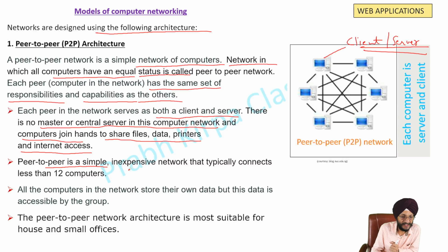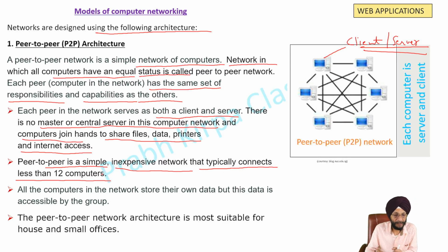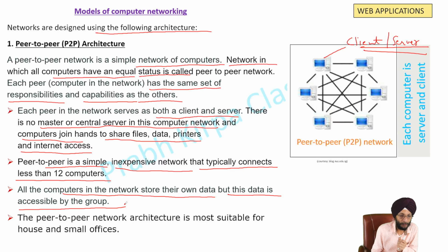Peer-to-peer architecture is a simple, inexpensive network that typically connects less than 12 computers. It means that this type of network is suitable for computers which are mostly less than 12 in number. All the computers in the network store their own data, but this data is accessible by the group. Suppose this is a computer and some data is stored in this computer.